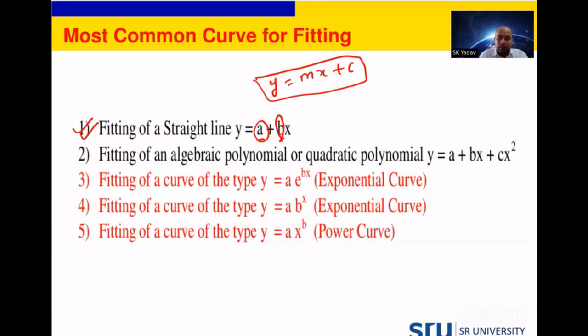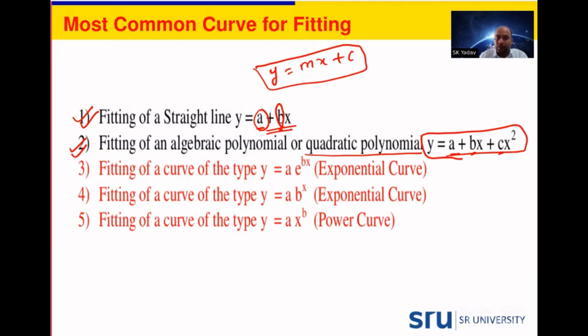The second fitting is the polynomial, or quadratic polynomial, y equal to a plus bx plus cx square. Here the main task is to find a, b, c in case of a parabola, and in case of a straight line we have to find a and b for the fitting of the line.